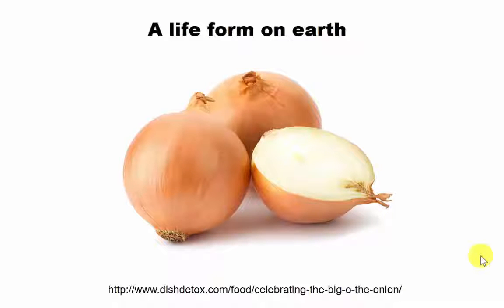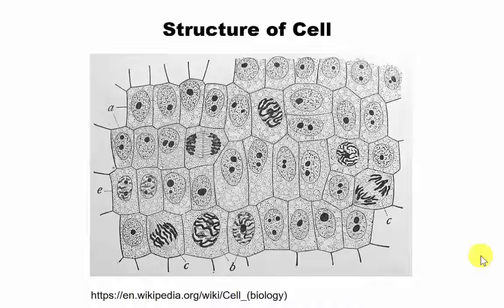There are many different life forms on Earth. One of the very popular model live cells is the onion. Maybe partially because onion cells are easy to get, and it's also easy to observe different stages of those cells. In this picture, we can see the A cells.